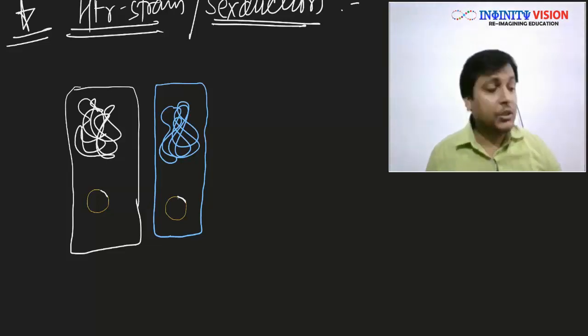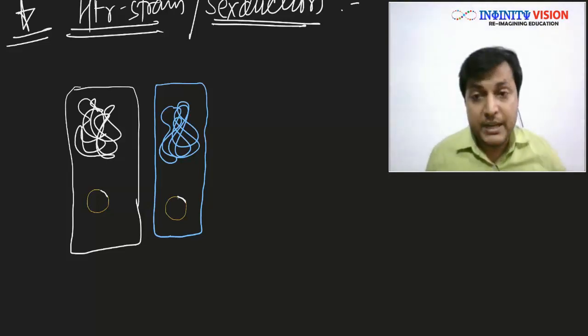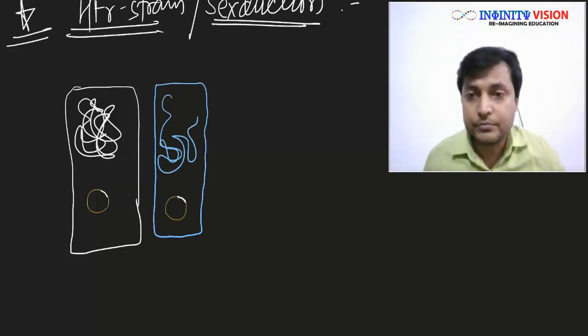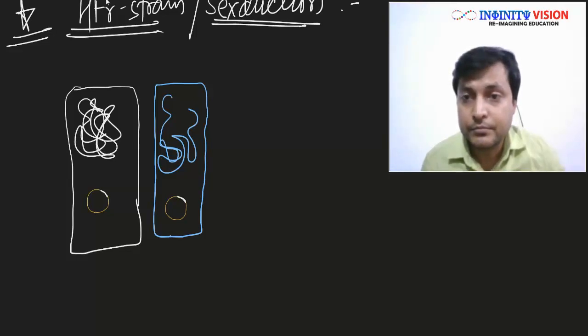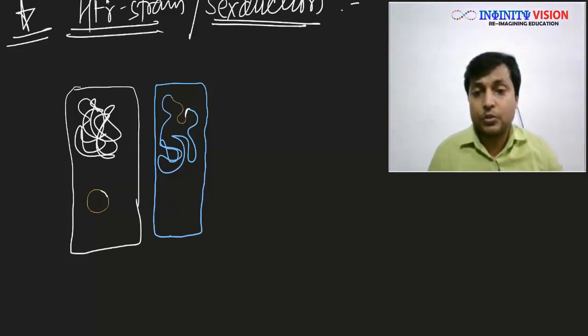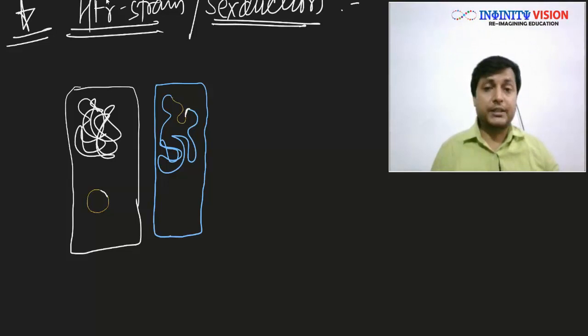After some time, what happens is again this plasmid gets incorporated into its bacterial genome, and see this white part, which is the chromosomal DNA from the previous bacteria, is now part of the chromosome of this blue bacteria, the new bacteria.